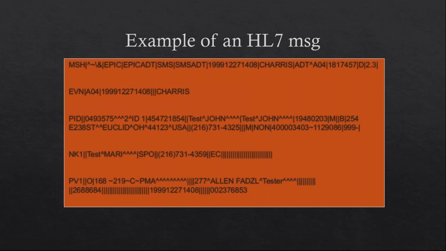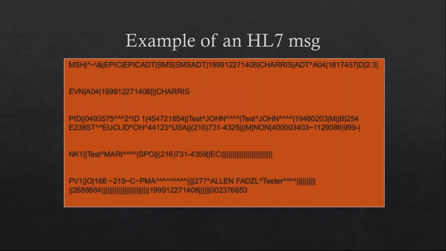Within the segments we have fields, and each field is again divided into components. Let's quickly take one example to understand it a little better. The third segment that we are seeing is called PID. PID is nothing but patient identification. Within patient identification, as the name itself suggests, it will have identifying information related to that patient.